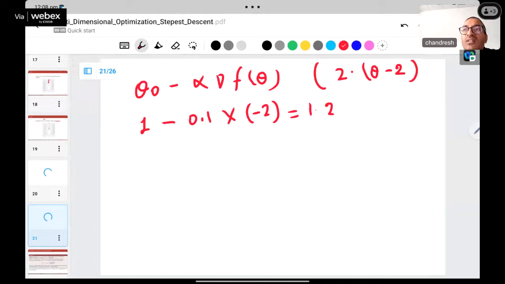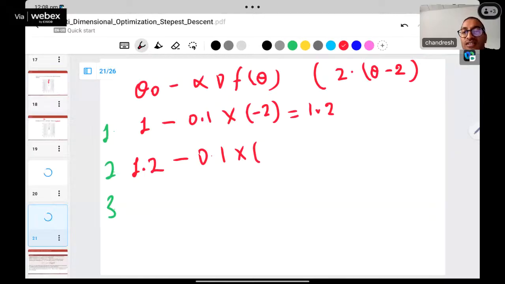Now you use this updated value 1.2 in the second iteration. This is my iteration number 1, 2, 3. Now you have to evaluate your gradient at this new point, so you plug this value here.